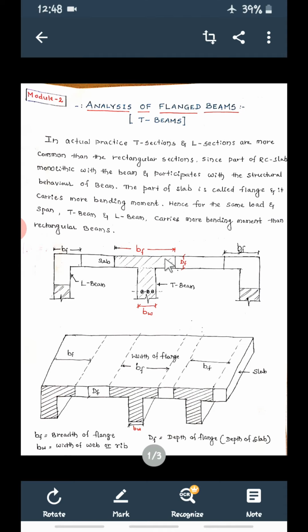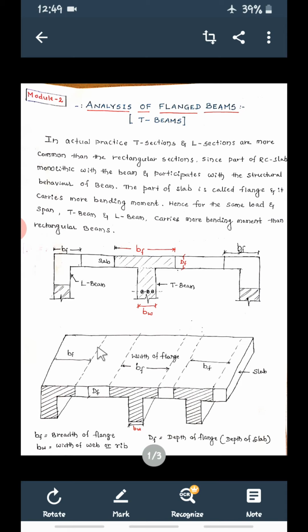So this is width of flange, that is BF, depth of flange DF, then this is web, then this will be width of web or rib, that is BW. That's why here it is shown: width of flange, depth of flange, width of web or rib.